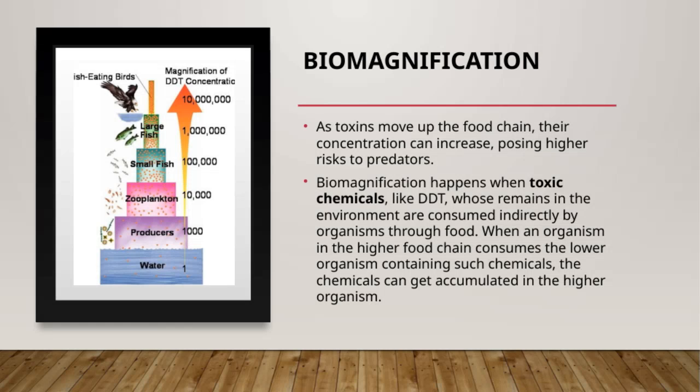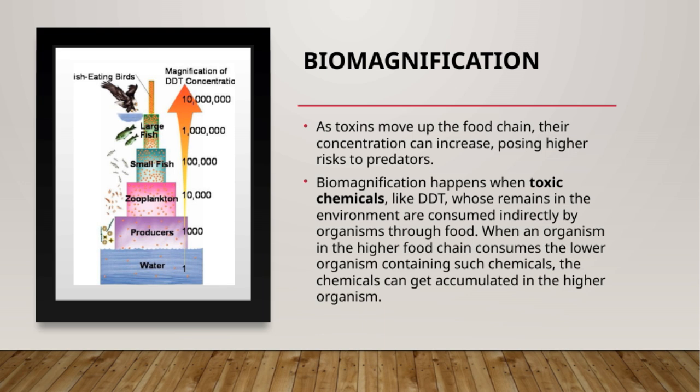As toxins move up the food chain, their concentration can actually increase, which means predators at the top face higher risks. This process is known as biomagnification. It happens when toxic chemicals, like DDT, remain in the environment and are indirectly consumed by organisms through their food. So, when an organism higher up the chain eats another organism that has chemicals like DDT in its body, those chemicals can accumulate in the higher organism.